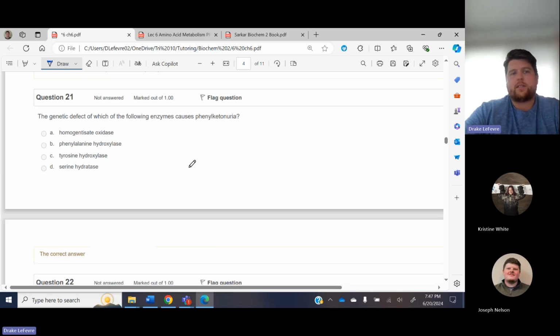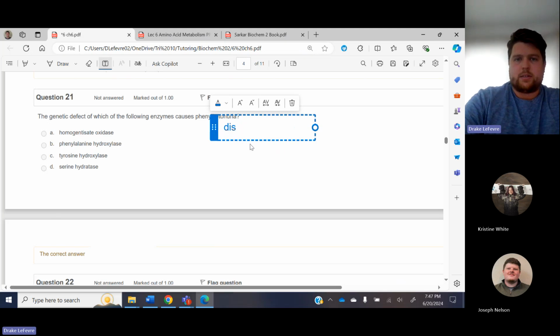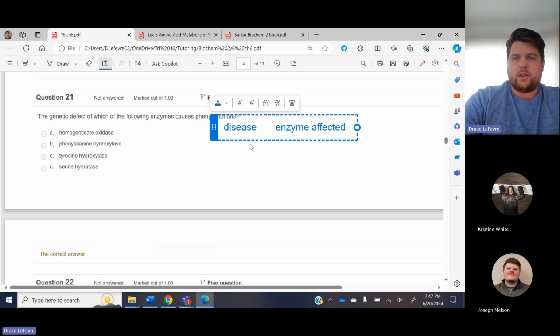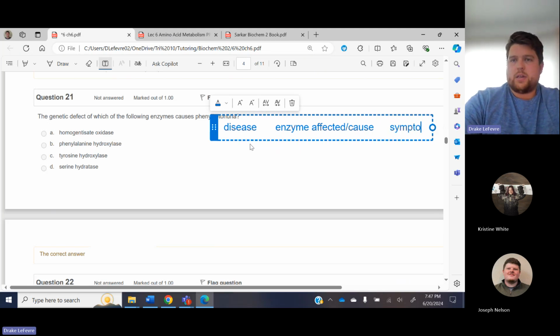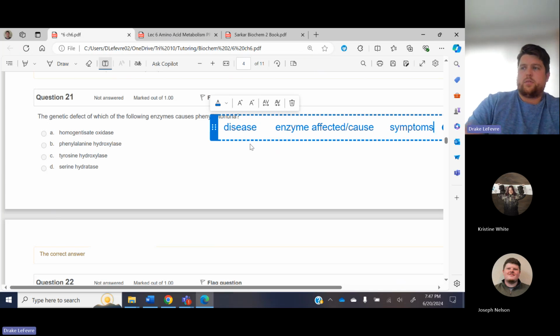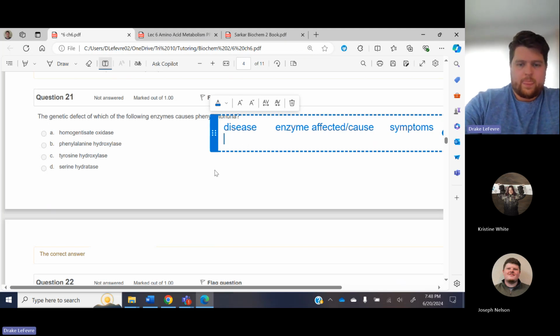The genetic defect in which of the following enzymes causes phenylketonuria? I'd probably also start to build a chart that would look like this: disease, enzyme affected, most often it's an enzyme affected or cause, and then symptoms on the other one. The book already kind of breaks it down like that, but I would start putting it into a chart. So we have phenylketonuria.